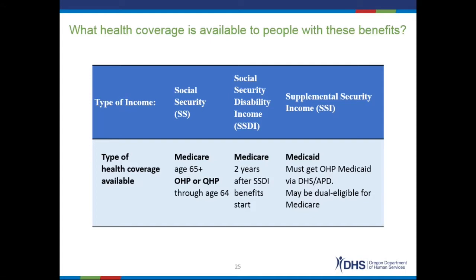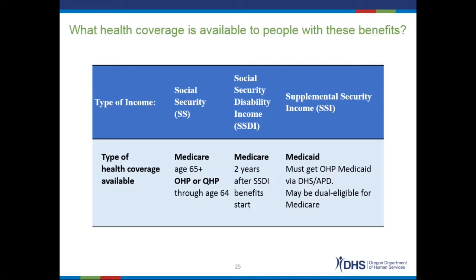At age 65, everyone can get Medicare. Also, MAGI-based OHP only goes up through age 64, and some clients are rather upset when they lose their OHP and have to go on Medicare. But those are the rules.